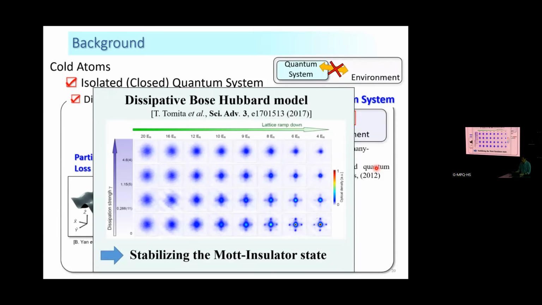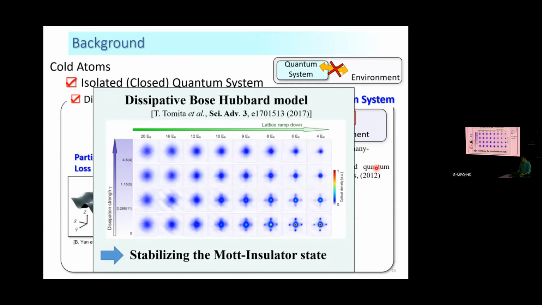For the first question, the quantum Zeno effect is responsible for stabilizing the Mott insulator state. With strong dissipation, the hopping is suppressed. That's why the atoms are localized, stabilizing the Mott insulator state. That is our interpretation of this phenomenon. Do you observe atom loss in these experiments then?